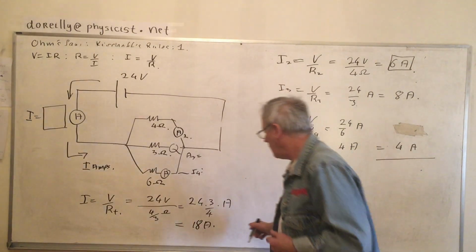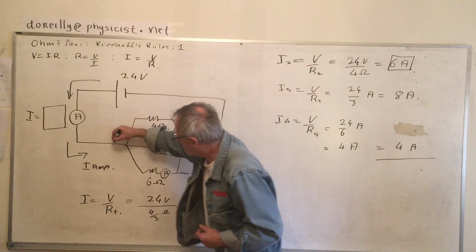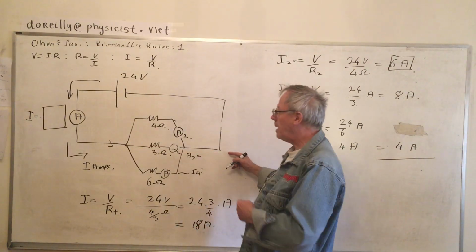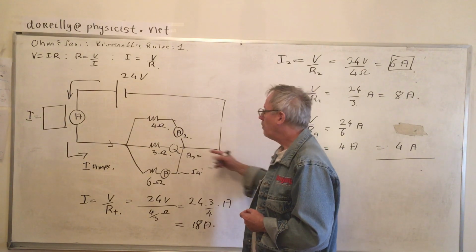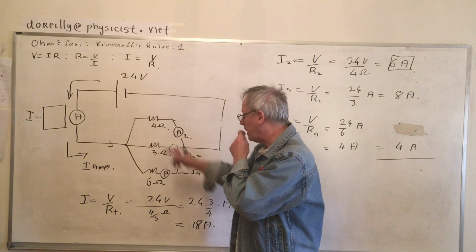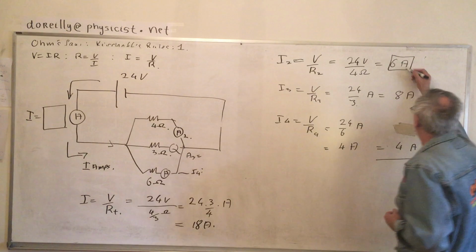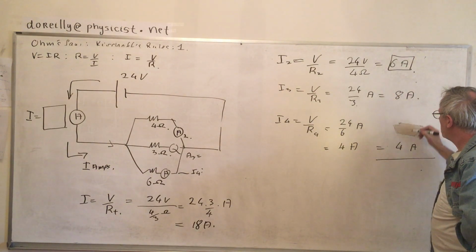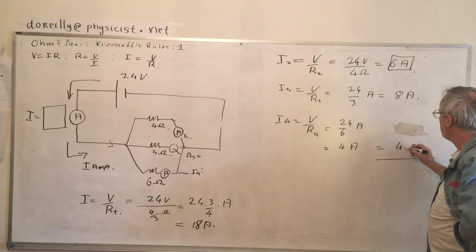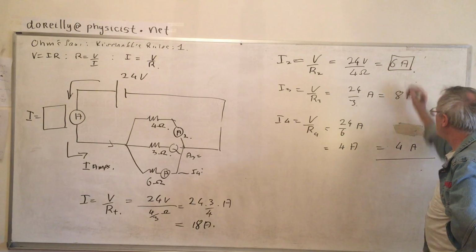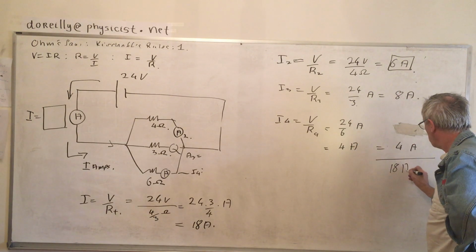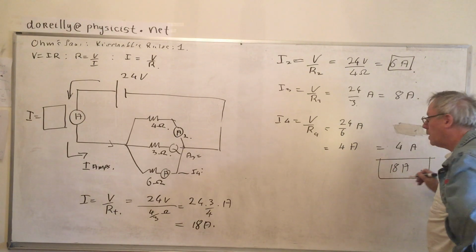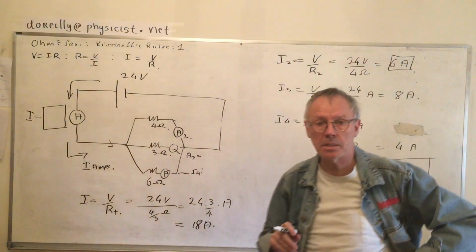So if 18 amps go in here, 18 amps have to come out of here, right? But it gets split up 3 different ways: 6 goes to the top one, 8 amps to the second one, and 4 to the bottom. 4 and 8 is 12, and 6 is 18 amps. So it works out fine. That's enough for this class.